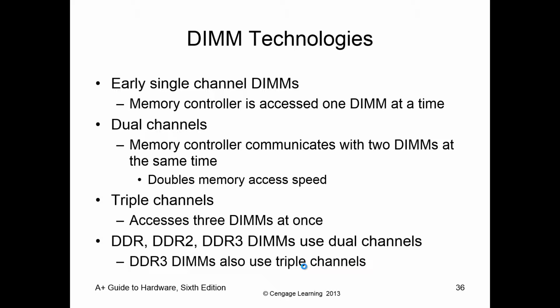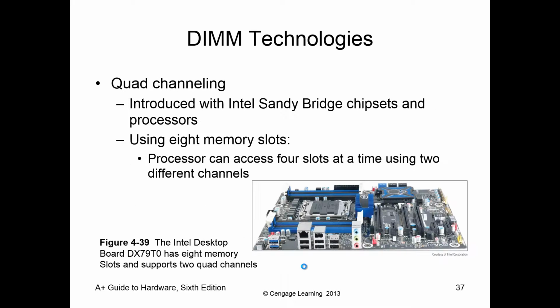So with it being able to access more than one module, the modules can work in tandem, which means work can get done quicker and quicker. Quad channel, again, is 4. Current generations of i7s or AMD processors can handle quad channel, and that is 4 channels working together.